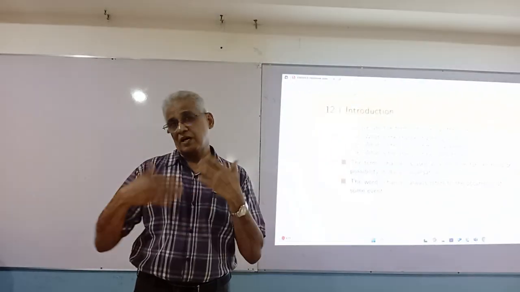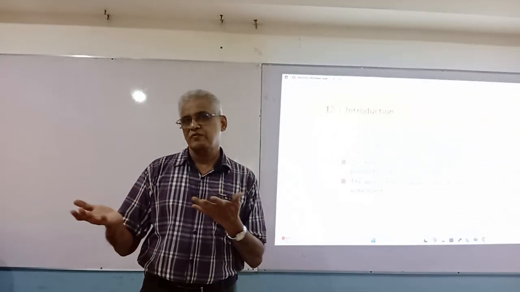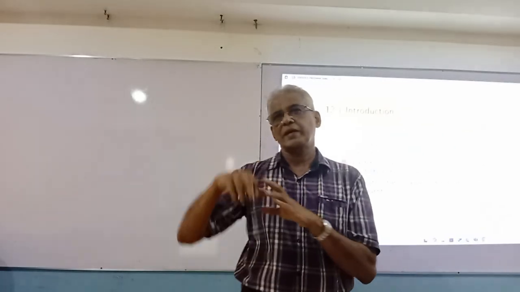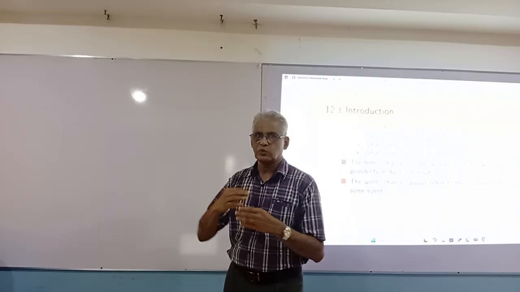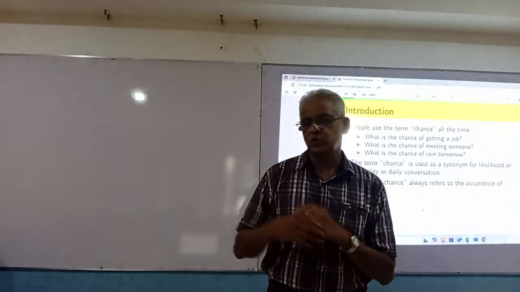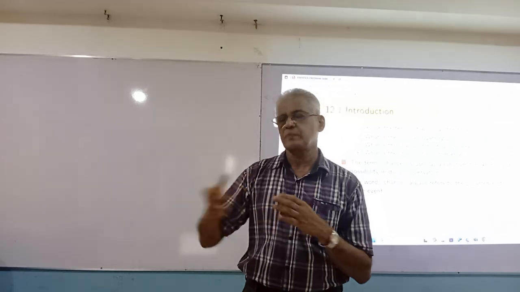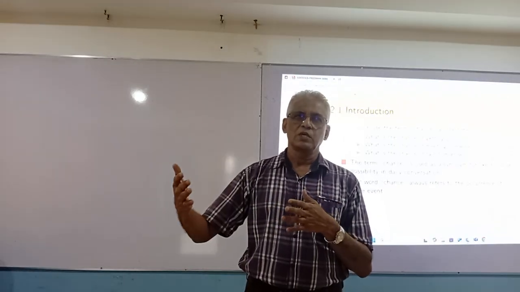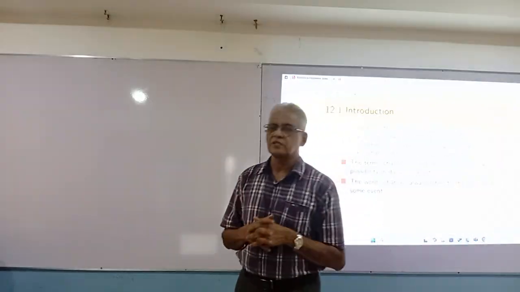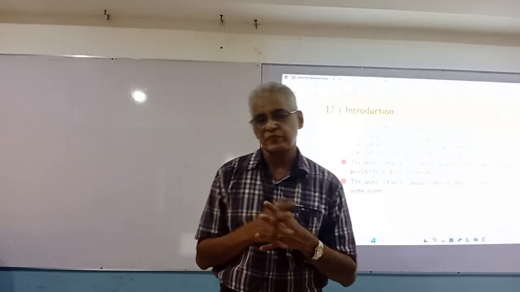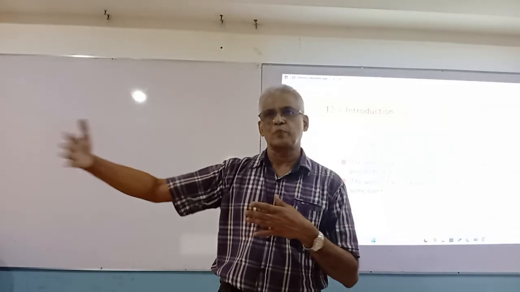But there are situations where that kind of explanation is not enough. Probably you need some mathematical value, especially if you want to compare the possibilities of two events. For example, if you are planning to organize a cricket match, you have several options for places.